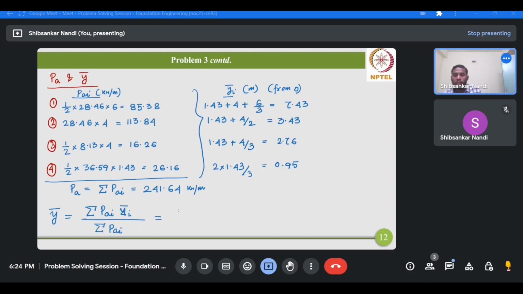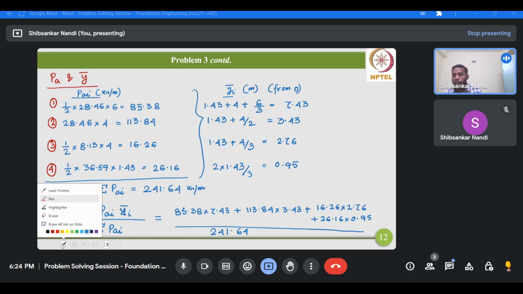Therefore 85.38 multiplied by 7.43 plus 113.84 multiplied by 3.43 plus 16.26 multiplied by 2.76 plus 26.16 multiplied by 0.94, divided by 241.64.